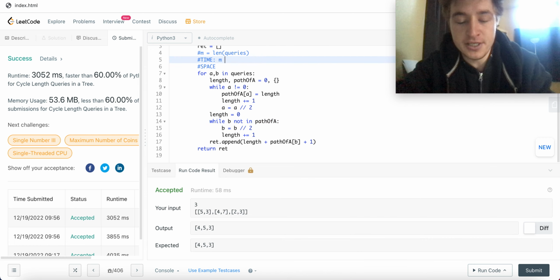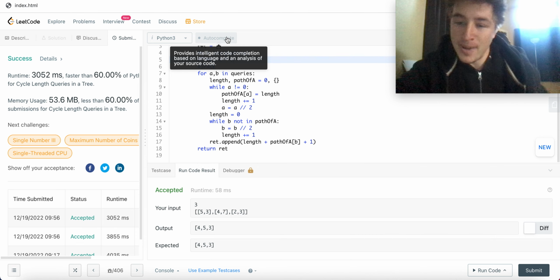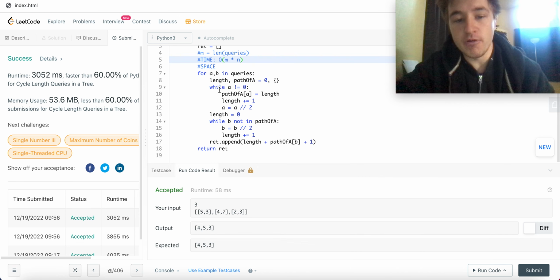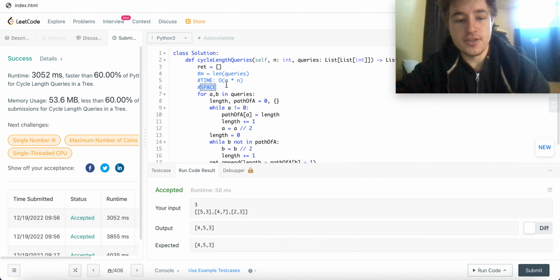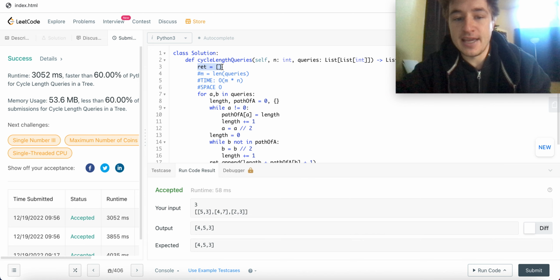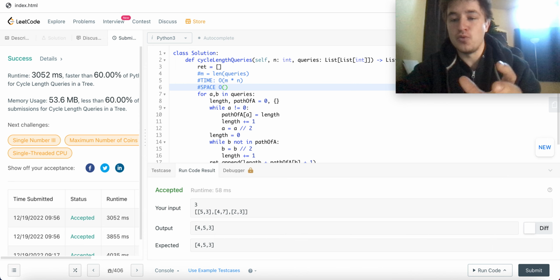So there's M queries, and for each query, we have to look at a path to the root, which is going to take N time. And then for space, we have to return information about each query. So that's going to take M space, right? Because we have to create an element in this array for each query.